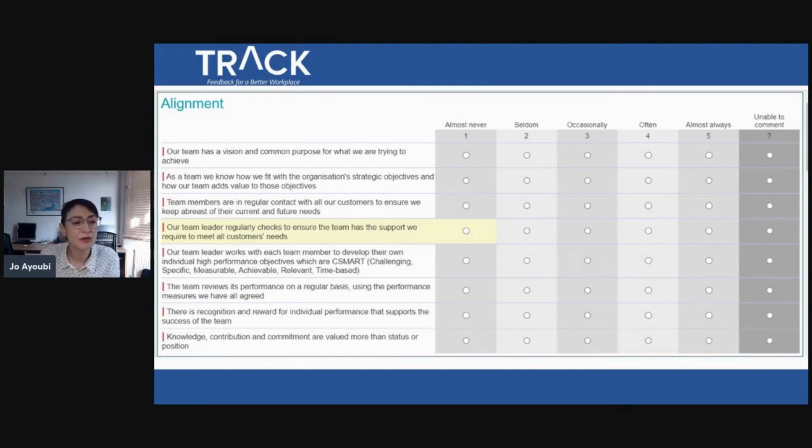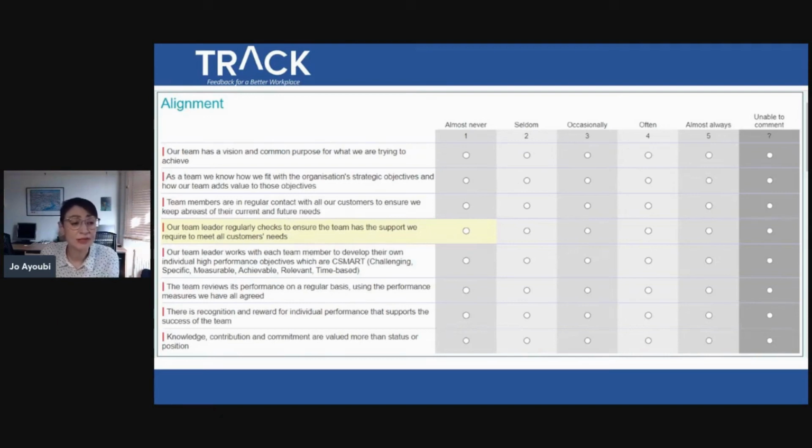And you can see here the questions are about the team. So people are not asking about individuals, what they do, what they don't do, but what they're saying is our team has a vision and common purpose for what we're trying to achieve. Now, is that right? Do we have that all the time? Are we always focused on that? Or is it not something that we think about very often?